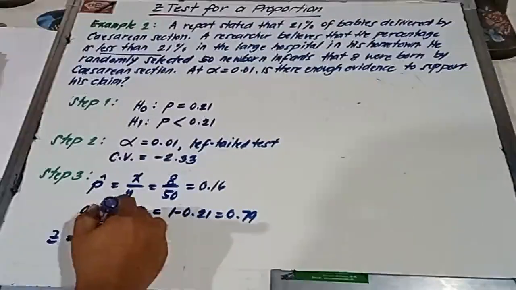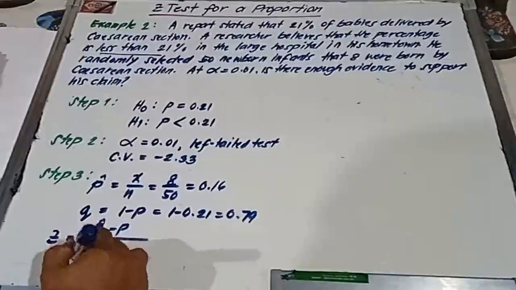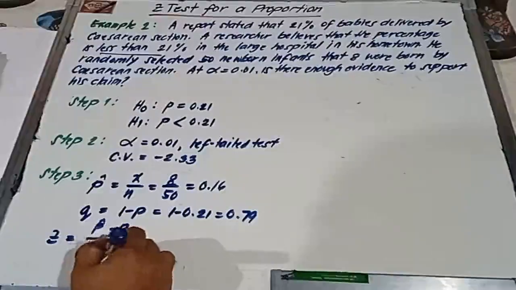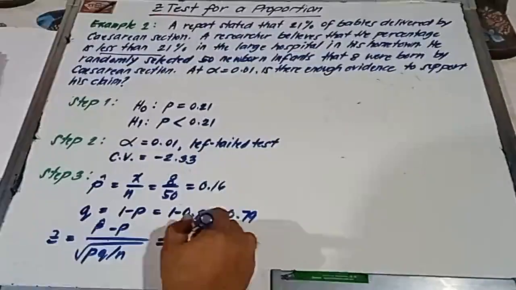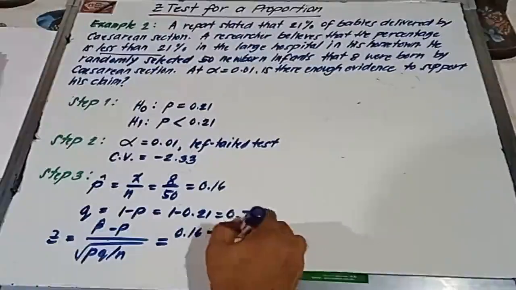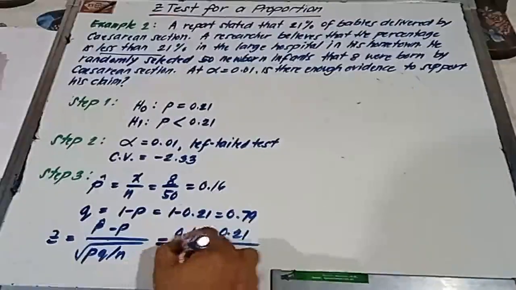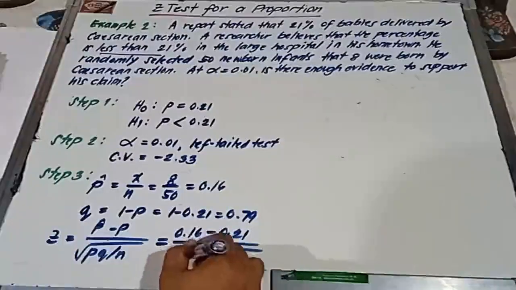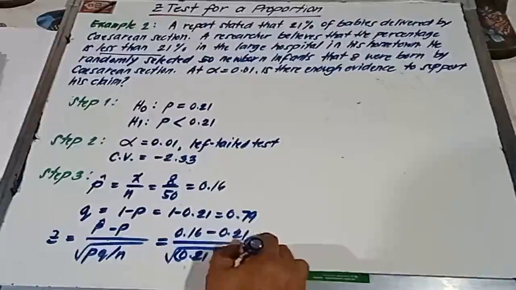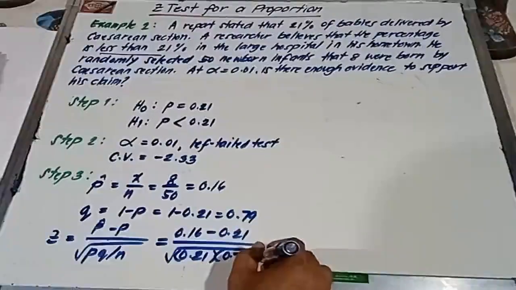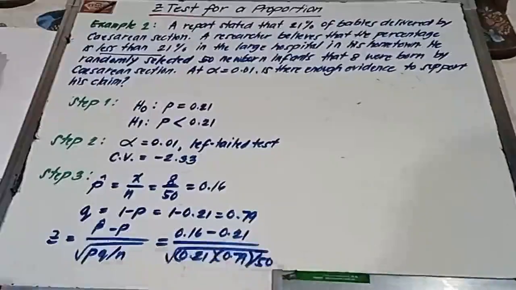Okay, so we have p hat minus P all over the square root of P times Q over N. We have 0.16 minus 0.21 all over the square root of 0.21 times 0.79 divided by 50. Okay?